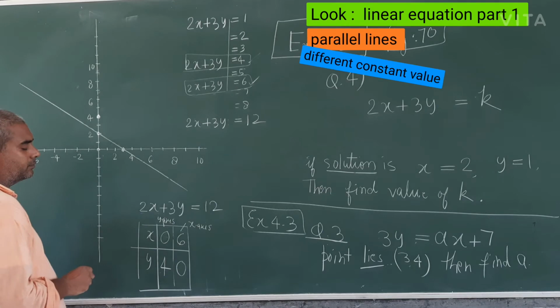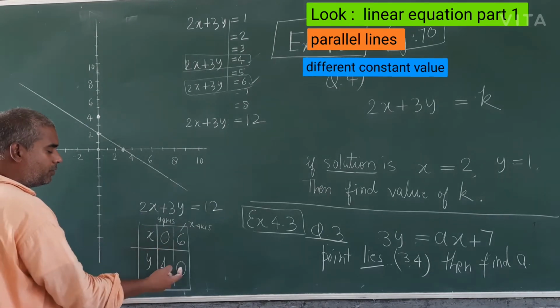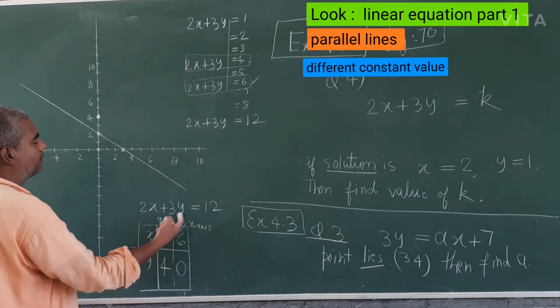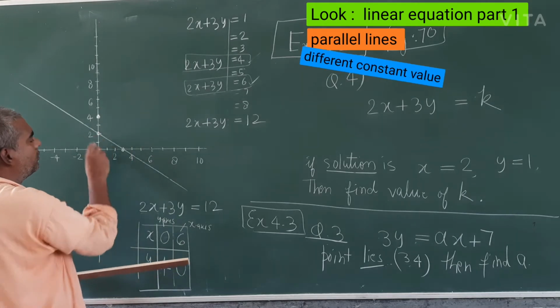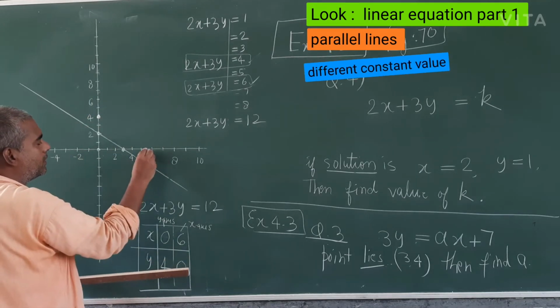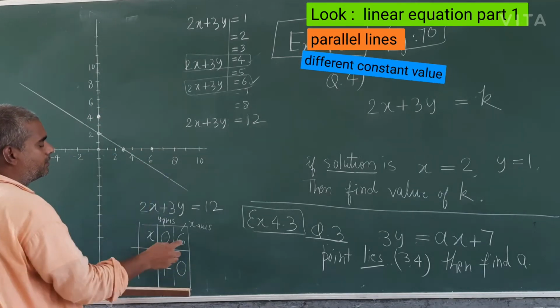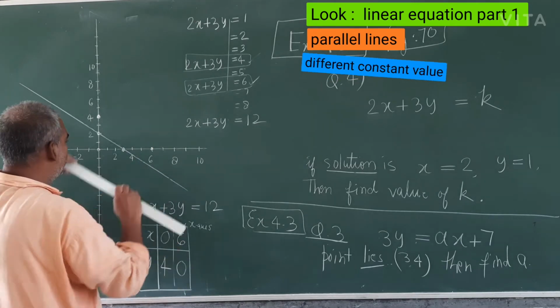When y is equal to 0, x equal to 6. This is 6 comma 0. When you join these points you get the line.